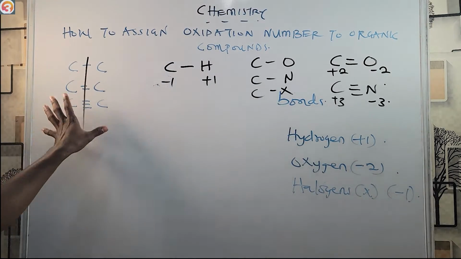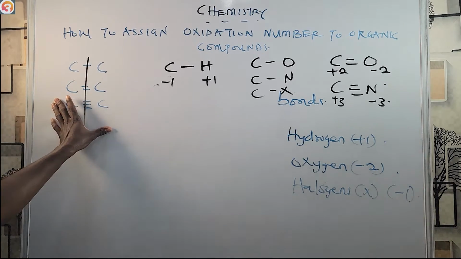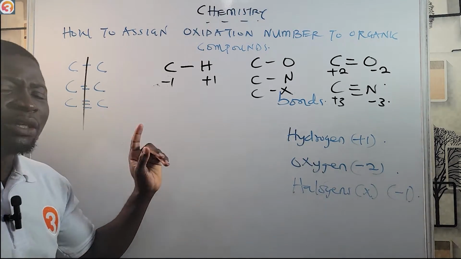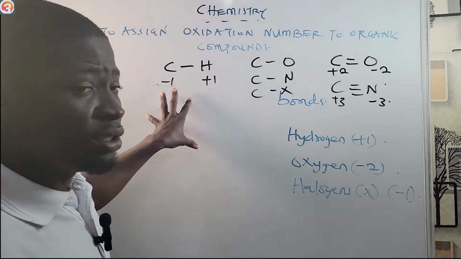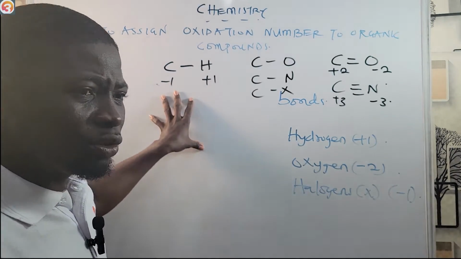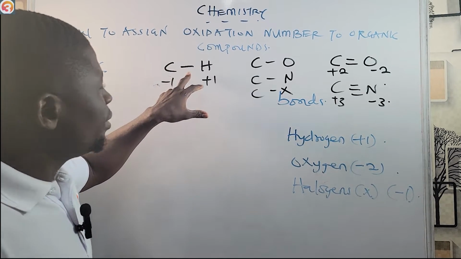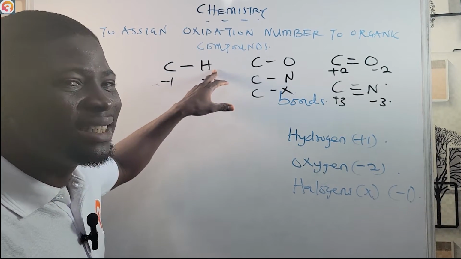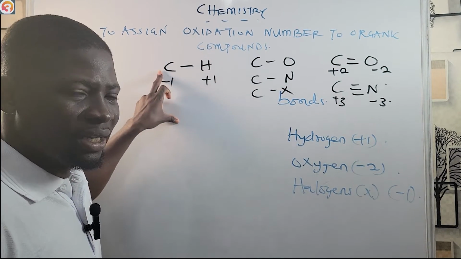So breaking the bonds does not lead to a charge on the carbon atom. When carbon is bonded to hydrogen, carbon will have an oxidation number of -1. The charge on it will be negative because carbon itself is more electronegative than hydrogen. That means hydrogen is more electropositive than carbon.